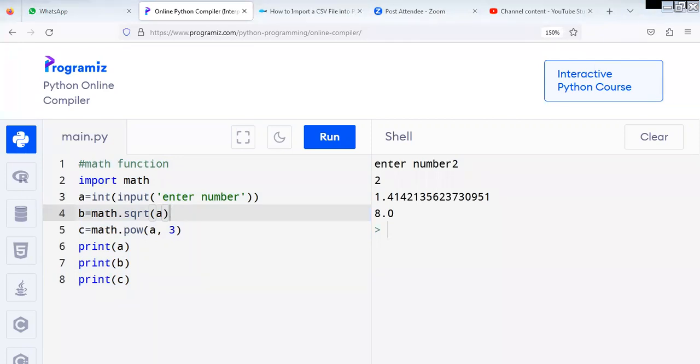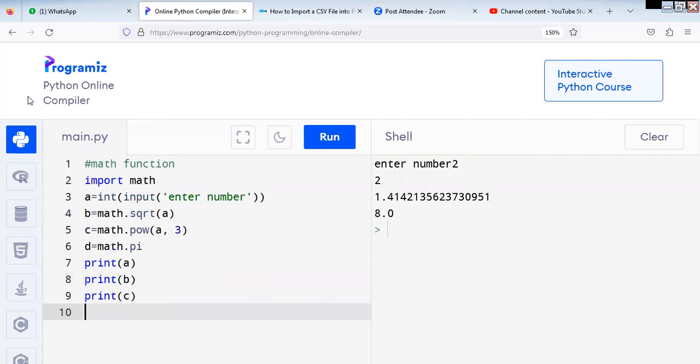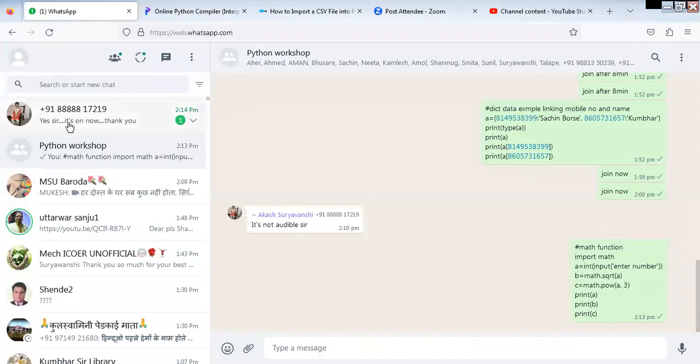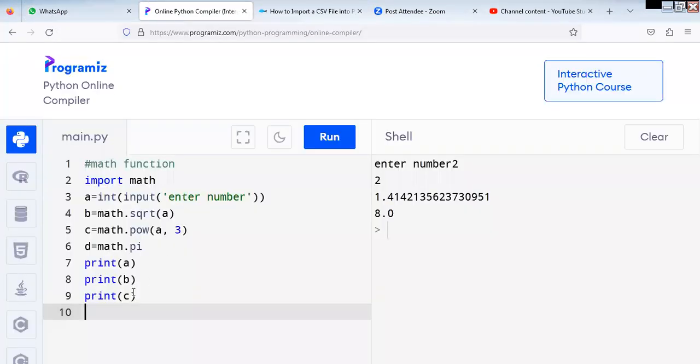Now also print pi. d is equal to math.pi. Print d now. Print d.